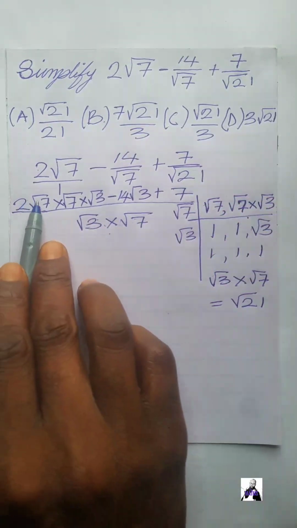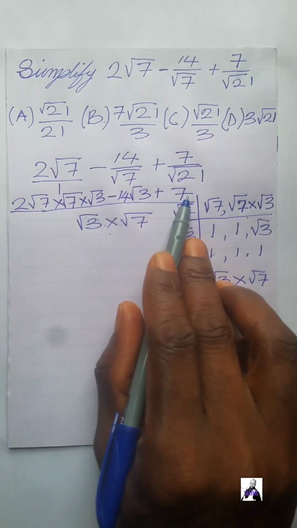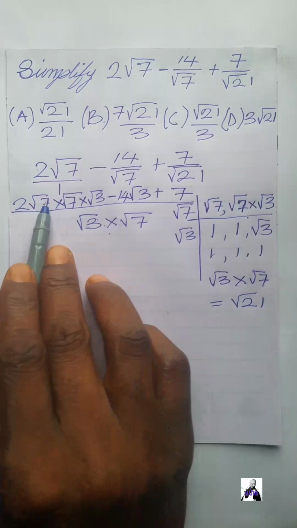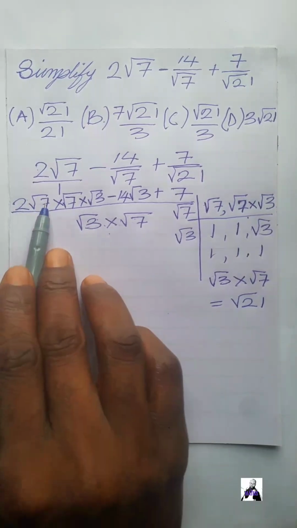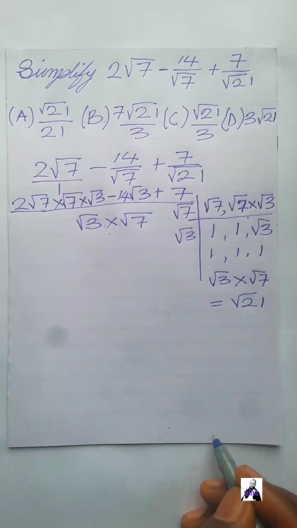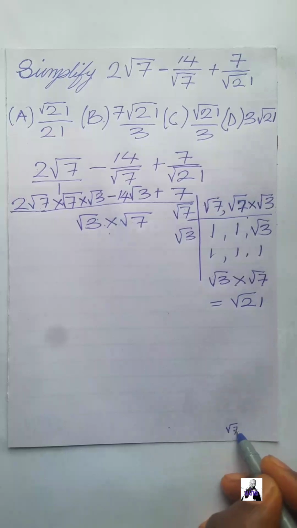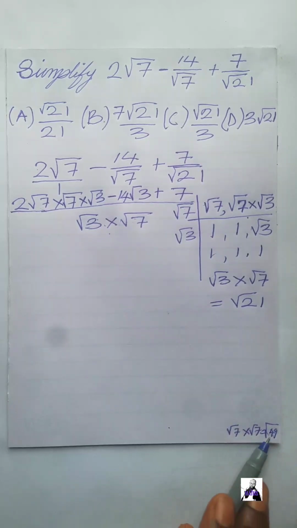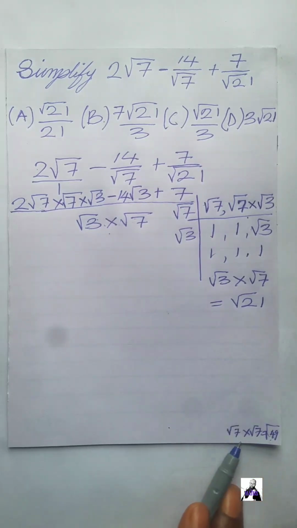So let's simplify this numerator. I'm seeing 2 times root 7 times root 7. We know that root 7 times root 7 is 7. Look at this. Root 7 times root 7 is what? Root 49. And what's root 49? 7.